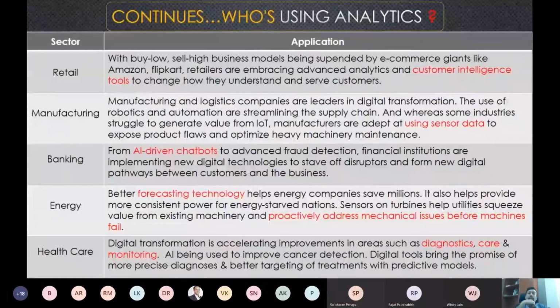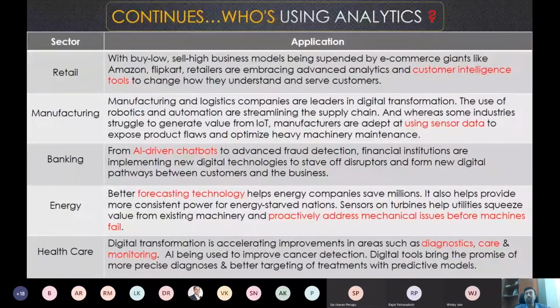As far as its application is concerned, it's widely used in different sectors, like in retail. Retail is no more about buying low and selling high, that's the older model. After the entry of e-commerce giants like Amazon, Flipkart, etc., the focus is on customer intelligence.